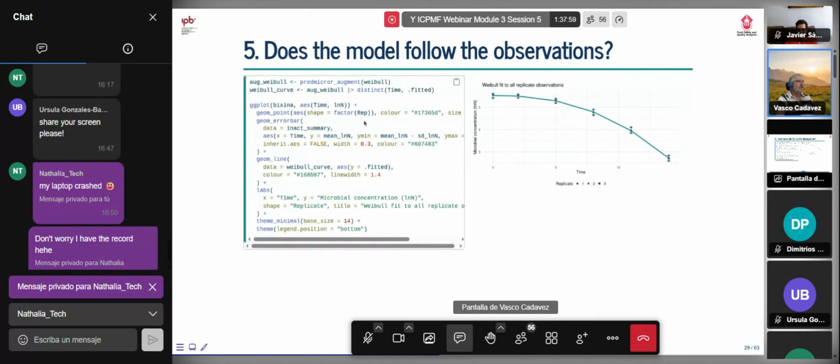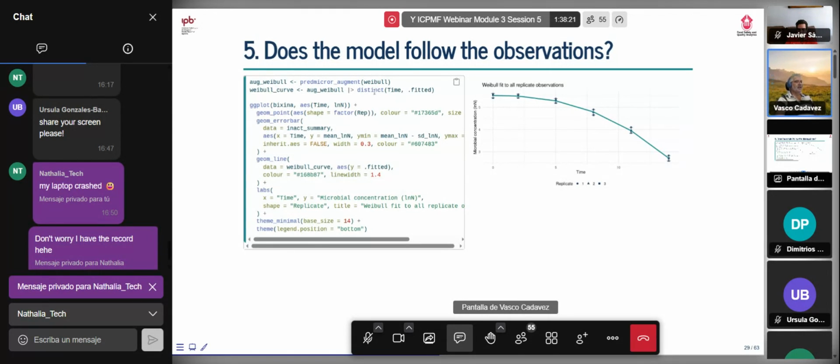Okay, so if you want to check the plot of the data observed versus the fitted values, we have the same. You can use the predict augment function. You get the augmented file.